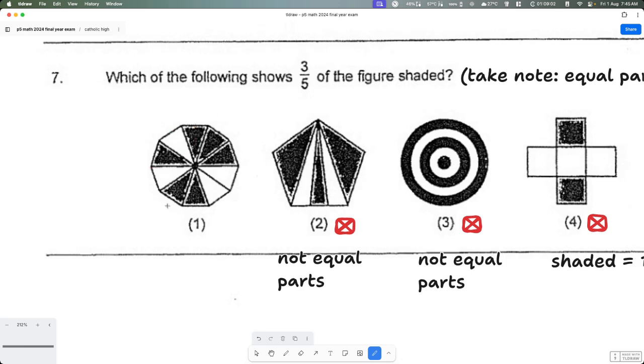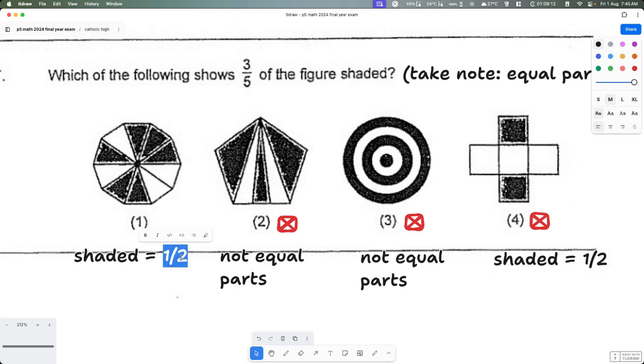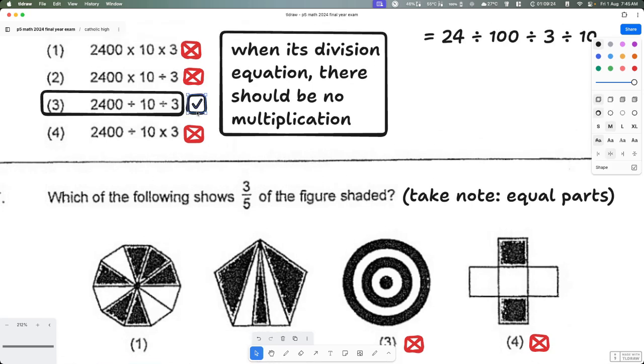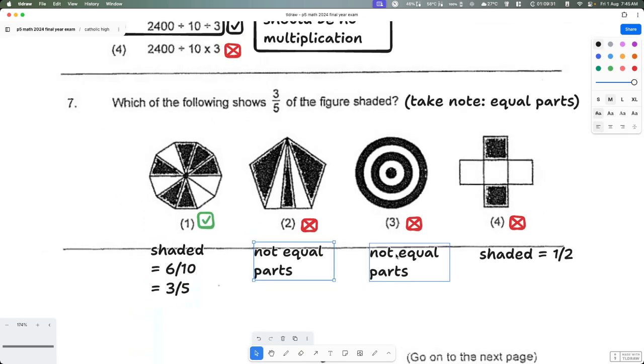So we have 10 over here, and then we have 1, 2, 3, 4, 5, 6. So in this case, the shaded part over here is 6 out of 10, right? But if we simplify, it's 3 out of 5. So in this case, this is the correct answer. So put it over here. I want to make this green. All right, great. Let's move on to the next question.